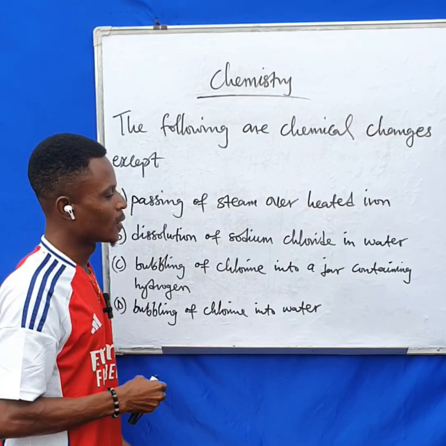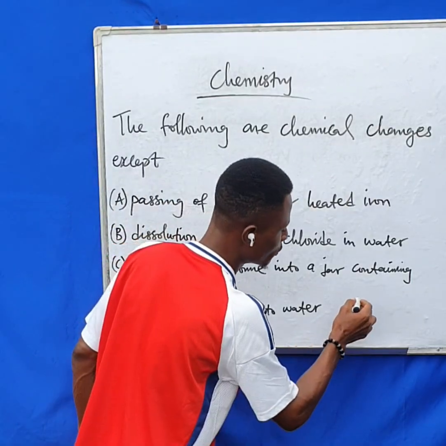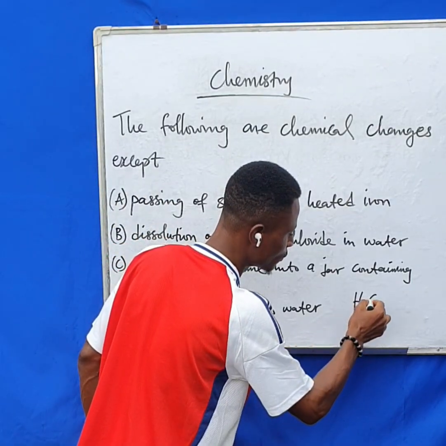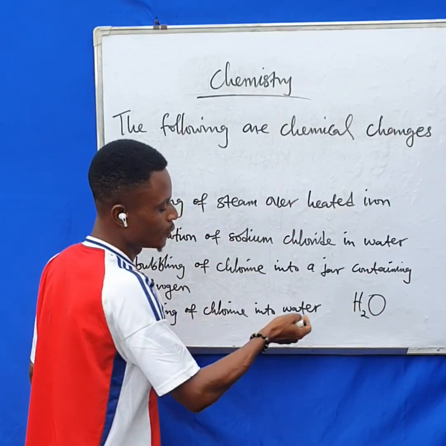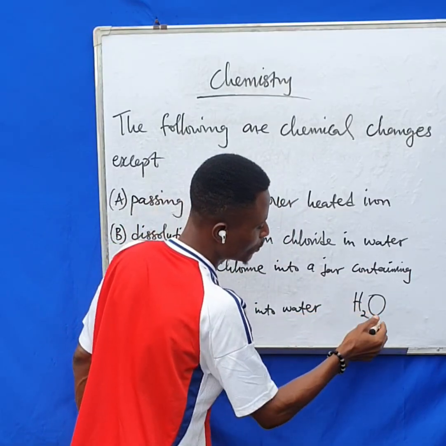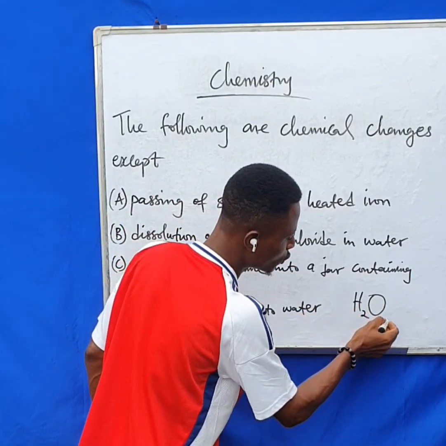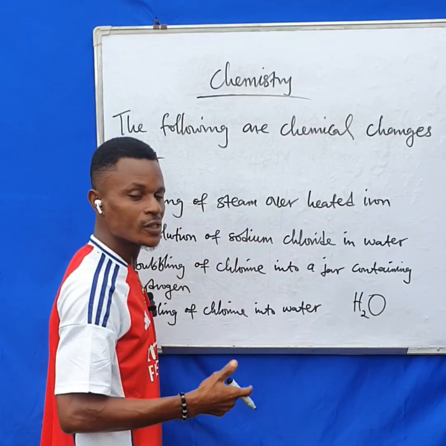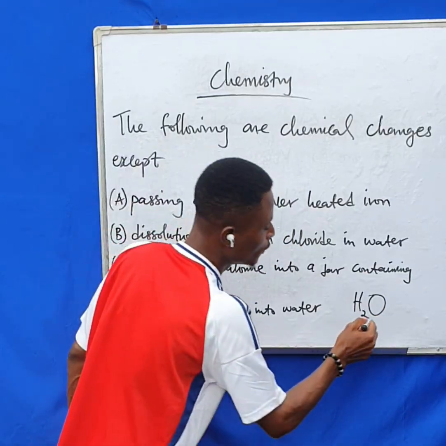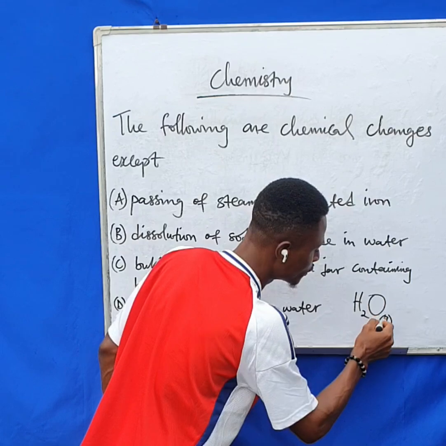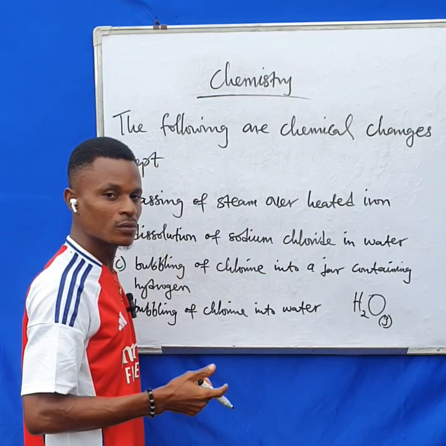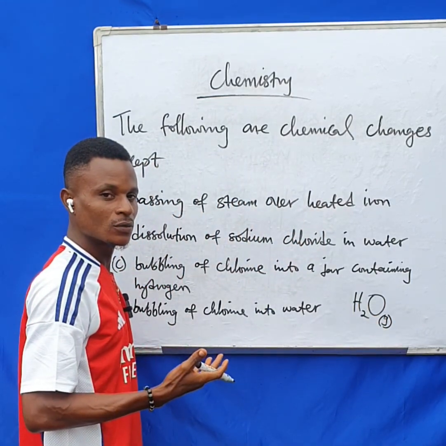You understand? If you see this in chemistry, this is water, right? Let me show you something. If you see this, always look at the subscript here, which indicates the state of the water. If you see G like this, it means that is steam, hot water, or water vapor.